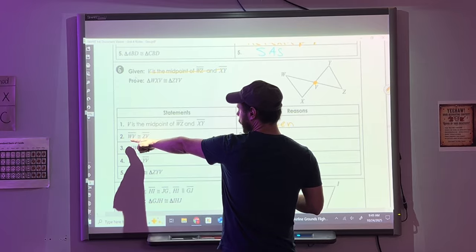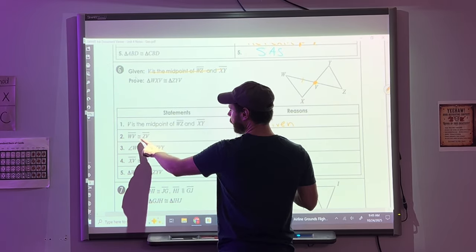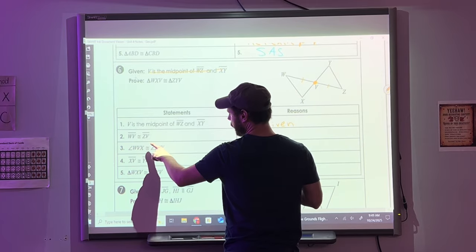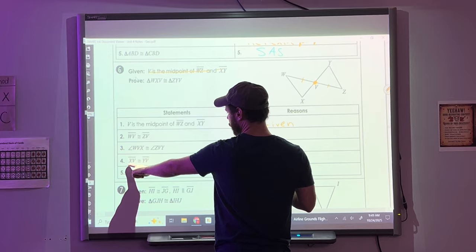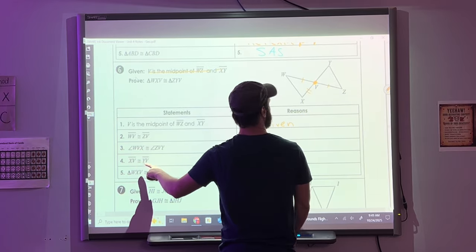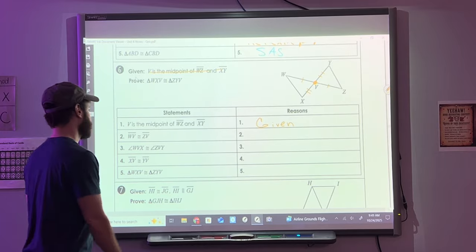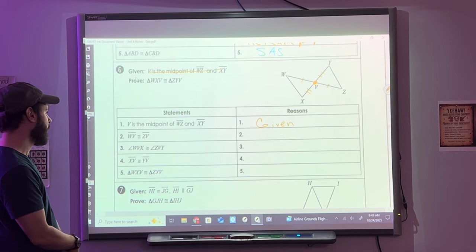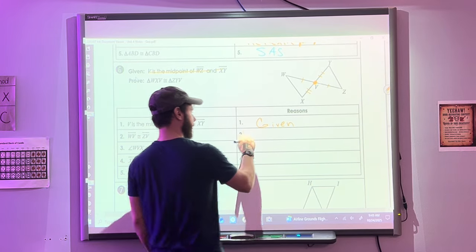So it's saying that WV is congruent to ZV. And it's saying XV, this one here, is congruent to YV. Okay. All right. So I have some statements. This being congruent to that, that's going to be your definition of midpoint.